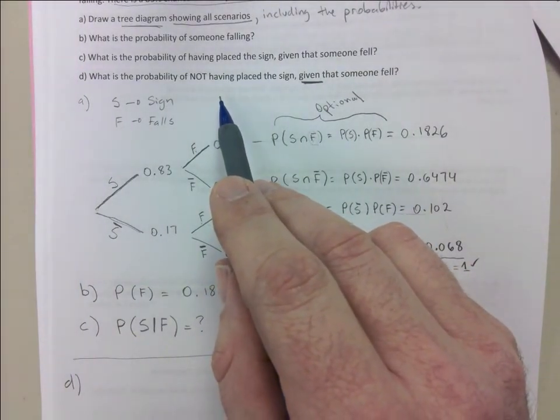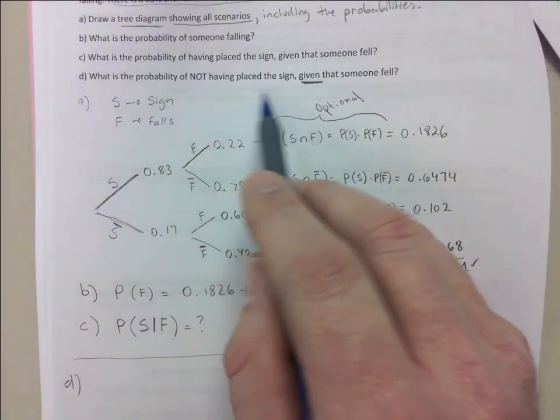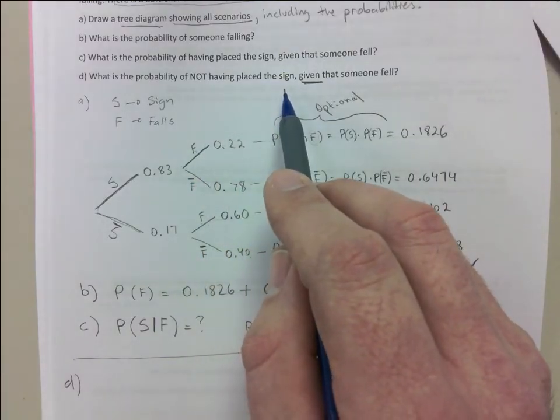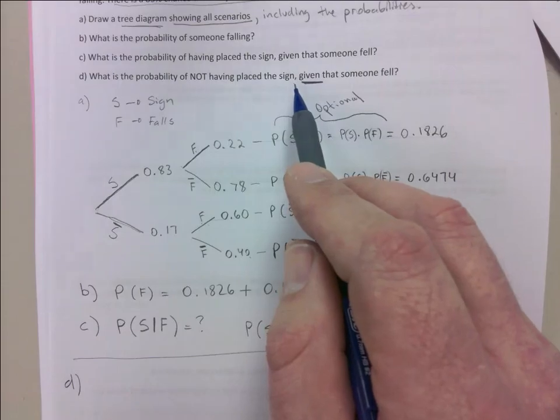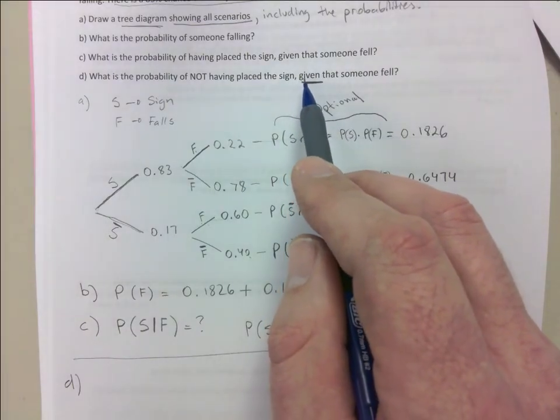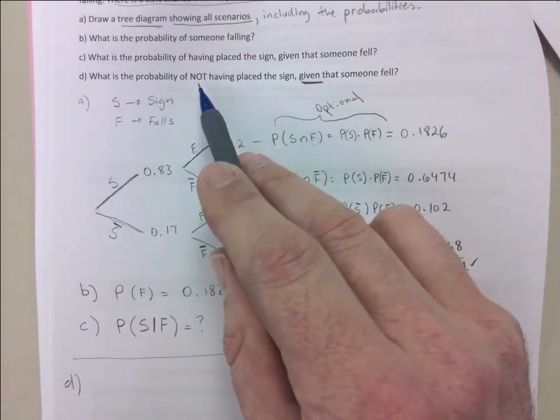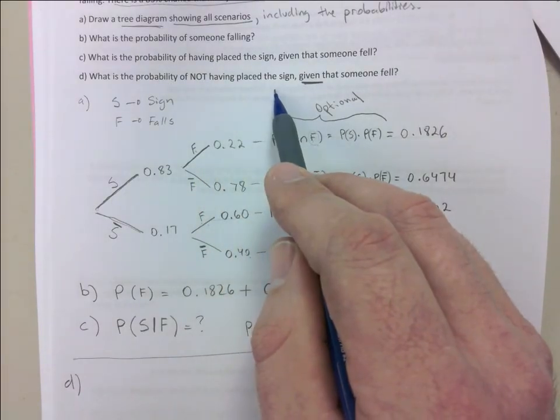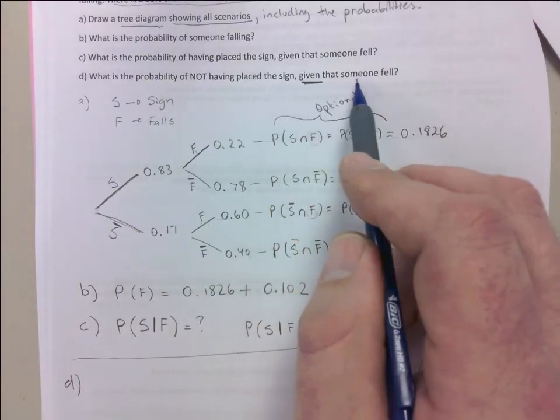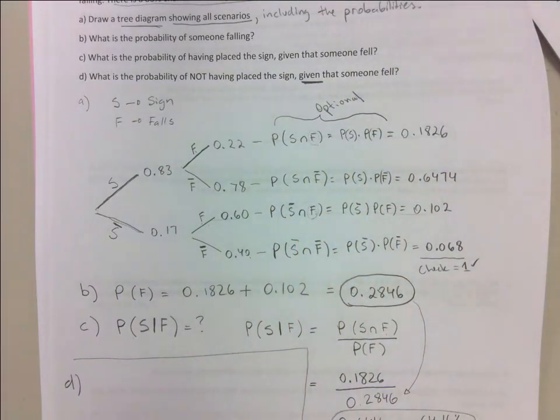You ready? Another way that they could have phrased this is, hey, someone fell. Like someone called the office and said someone fell, right? What's the probability of not having placed a sign? That's another way. So the given means that something happened for sure. We have to go back now and see if the sign was placed or not.